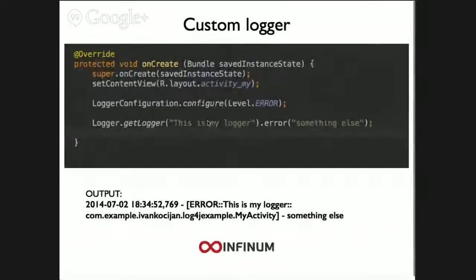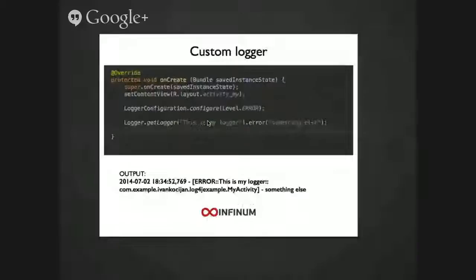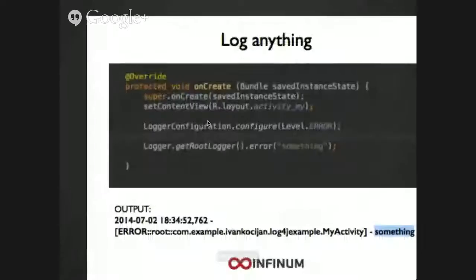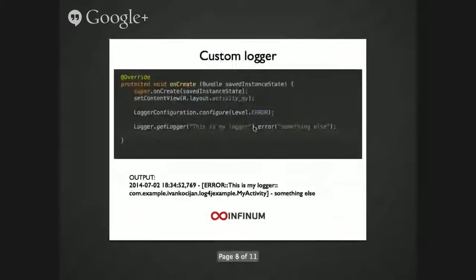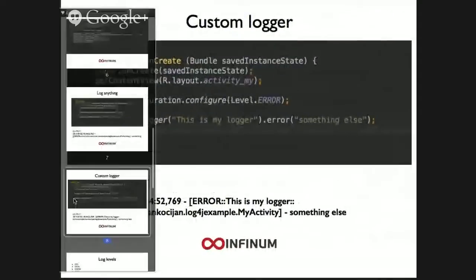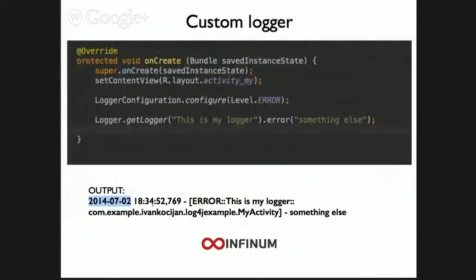In our current implementation, we called get root logger, so it returned the root logger to us. This returns the logger named "This is my logger", and the output looks like this. It's pretty much the same as the last one. The only thing is this is no more root. This is my logger, its name.